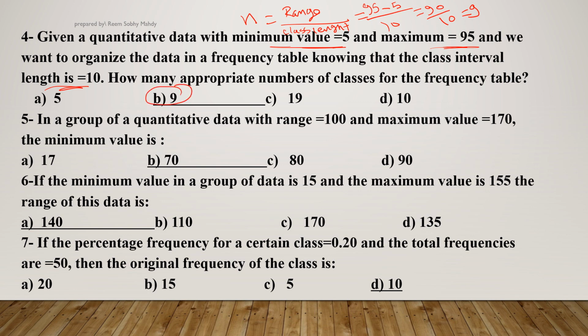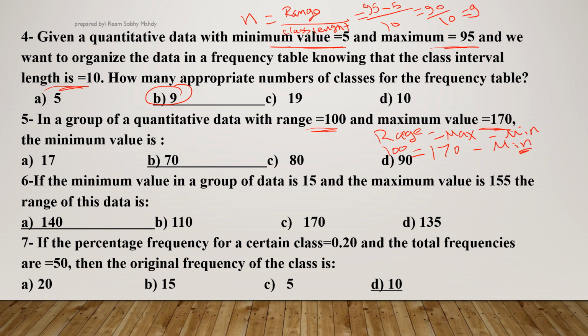In a group of quantitative data with range 100 and maximum value 170, the minimum value is, as we know, range is the difference between the maximum and the minimum, and the range equals 100, the maximum value equals 170, and we need the minimum value.